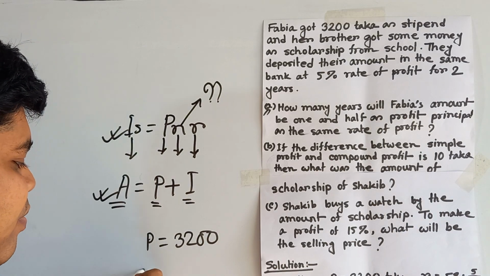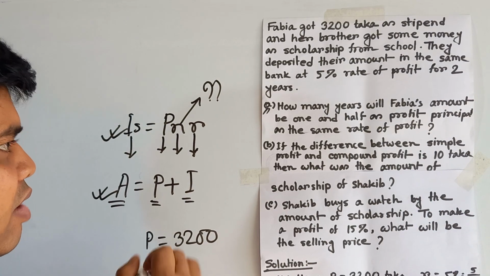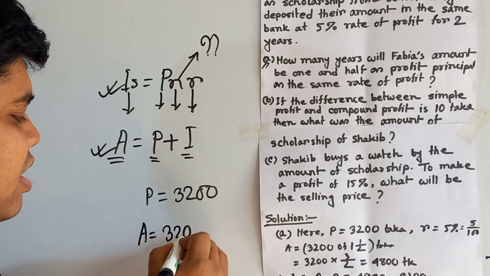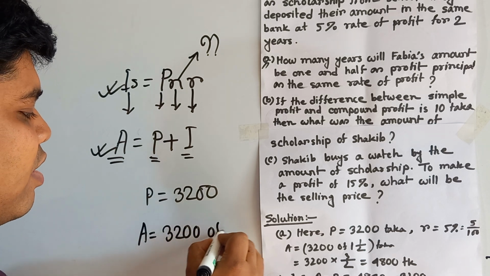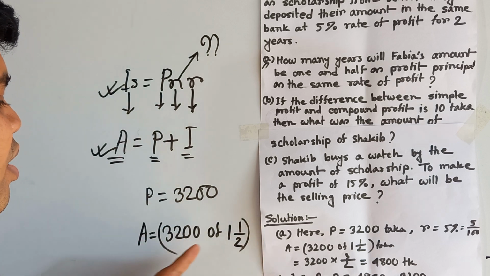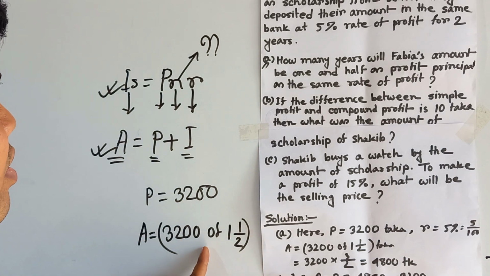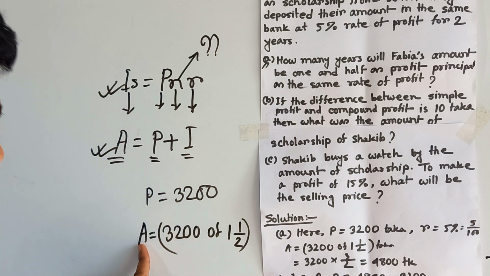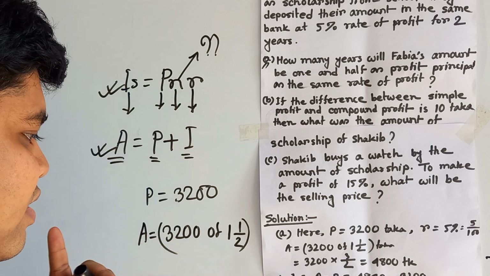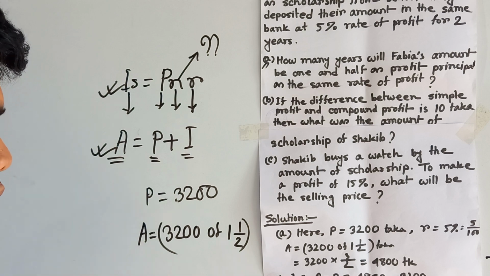Profit principal means A, and it is 3,200 taka times 1 and a half. This will be the profit principal. When we solve this, we get A. After that, we subtract 3,200 from the profit principal, and we get the simple interest, simple profit.